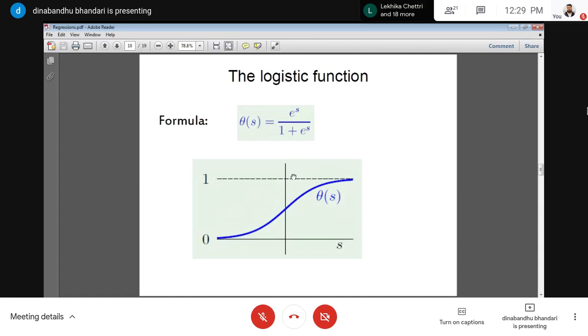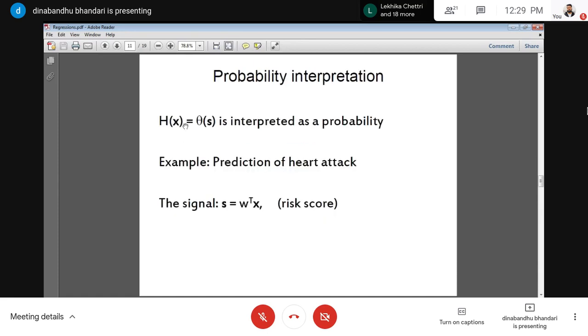Moreover, this hypothesis h of x, theta, is represented as a probability. Take the prediction of heart attack. What we can think of is that W transpose X is a risk score. You calculate the different parameters. Normally, we go for a checkup, say lipid profile and all. I go for a checkup once every year.